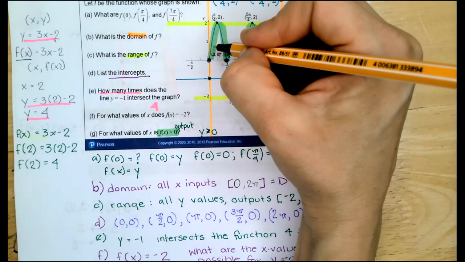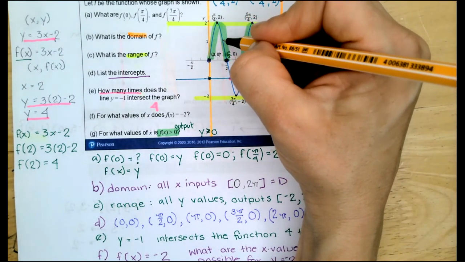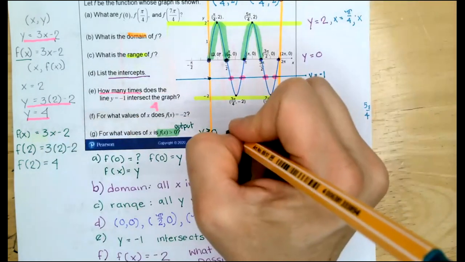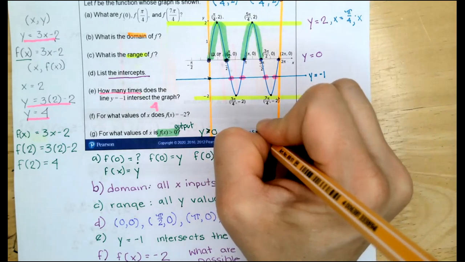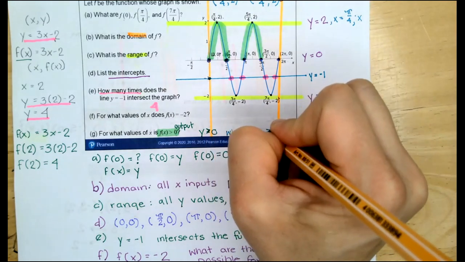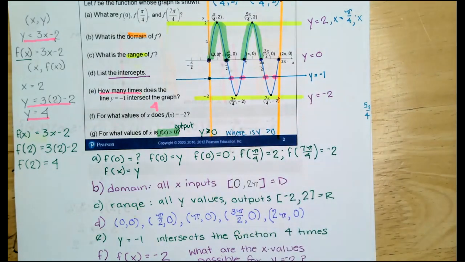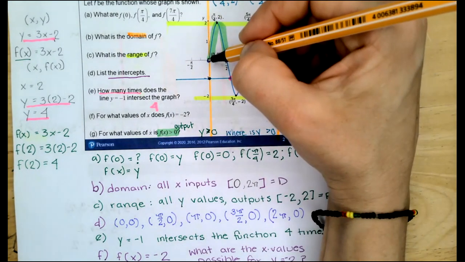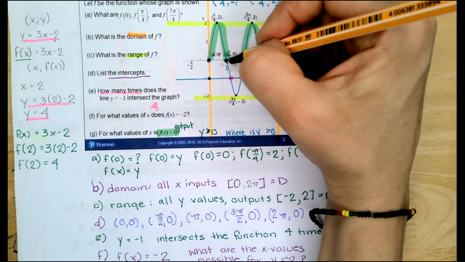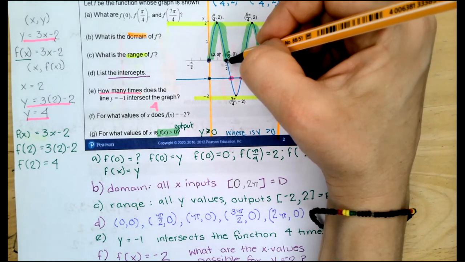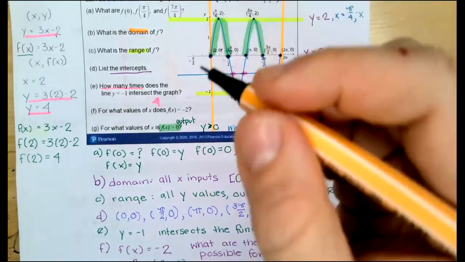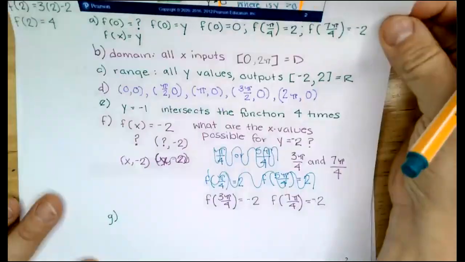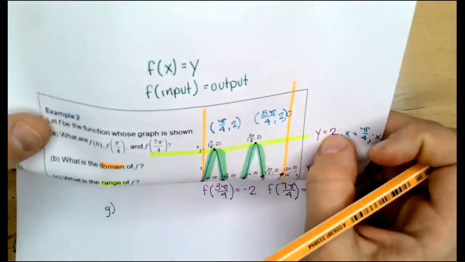Every point on this interval has a y value greater than 0. Good? So between x equals 0 and x equals pi over 2, they have a y value greater than 0.